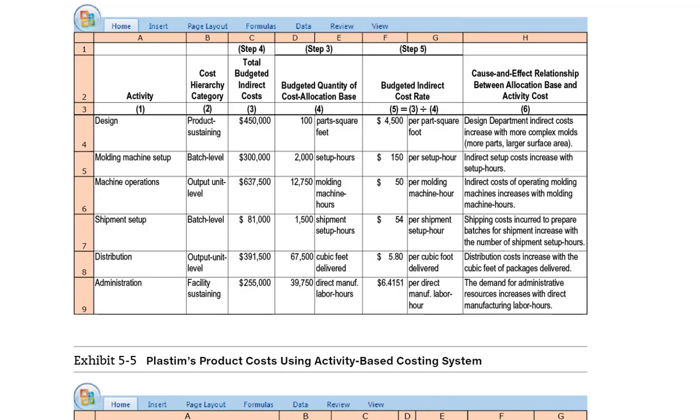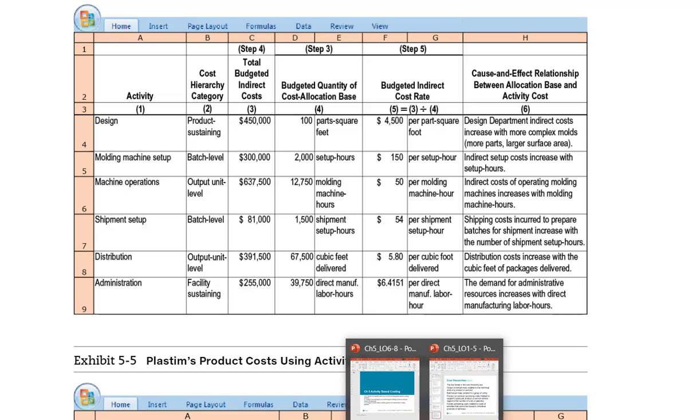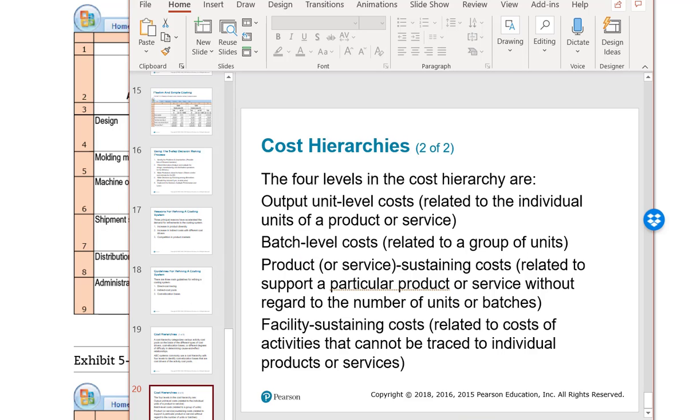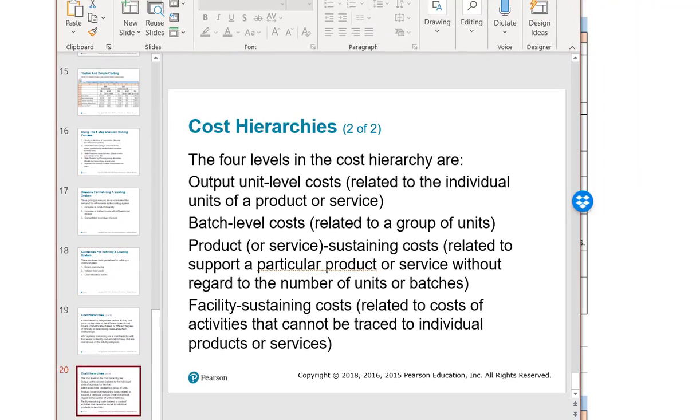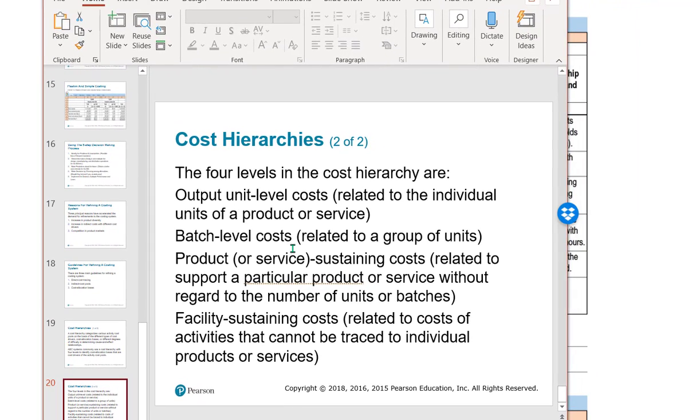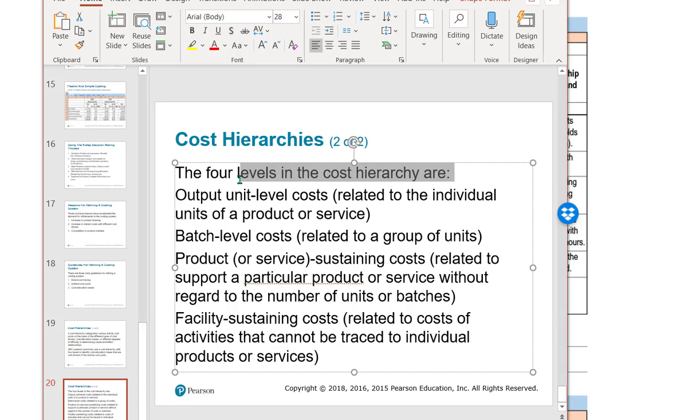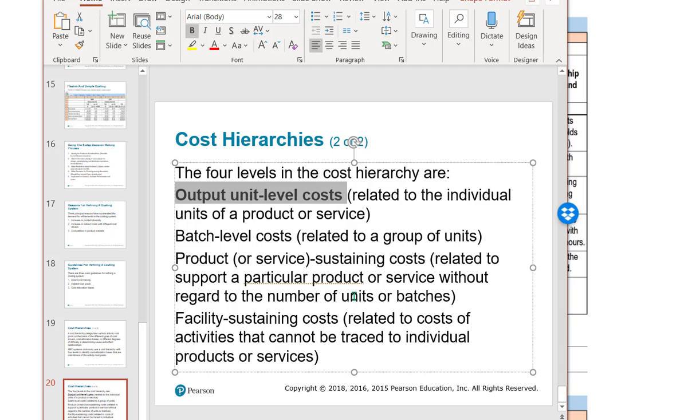And let me open this up real quick here. We looked at this before too, this cost hierarchy, and you've really got to know these. This is output. We've got unit level costs, and that's a cost that's incurred for each individual unit.